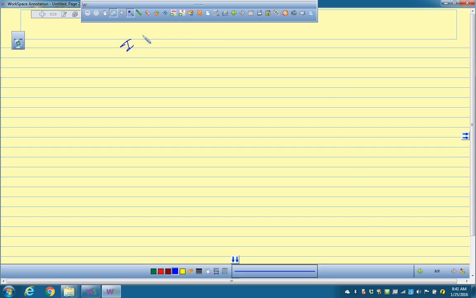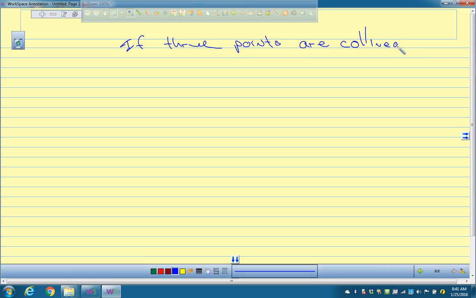If 3 points are collinear, and collinear, don't ask me why, has 2 L's in it, then what would be the area of the triangle?